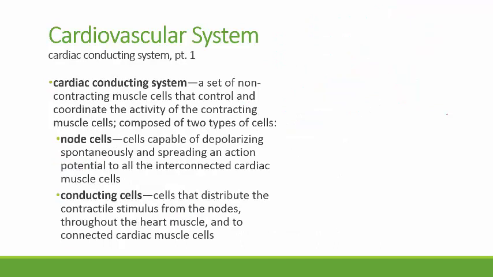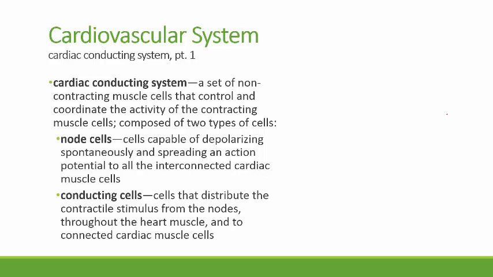Okay, so before we can talk again about how all this works, we've got to do a little bit more defining of the cardiac conduction system cells and the type of cells that we find there. The cardiac conducting system is composed of cardiac muscle cells that do not contract. Instead, they pass the signal to contract onward through the heart tissues.